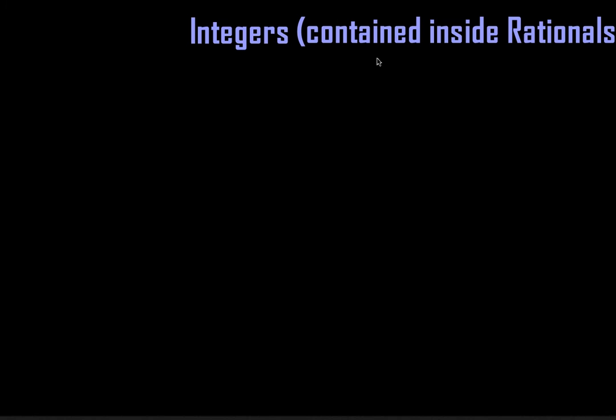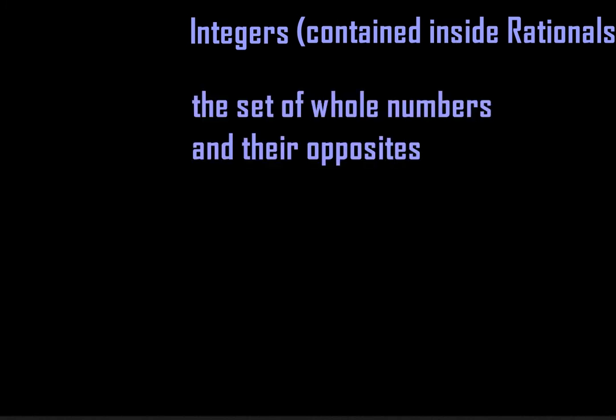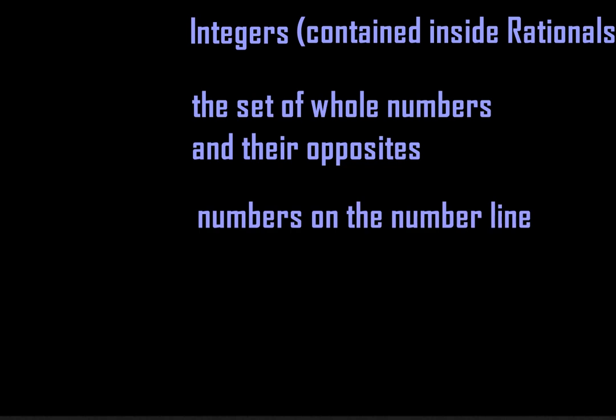So again, these integers are contained inside of the rationals, and we're going to say that it's the set of whole numbers and their opposites. And what does that mean? Well, I can't just say the positive and negatives. I need to talk about the numbers on that number line. So it's all the numbers and their opposites. We include 0 in there as well.